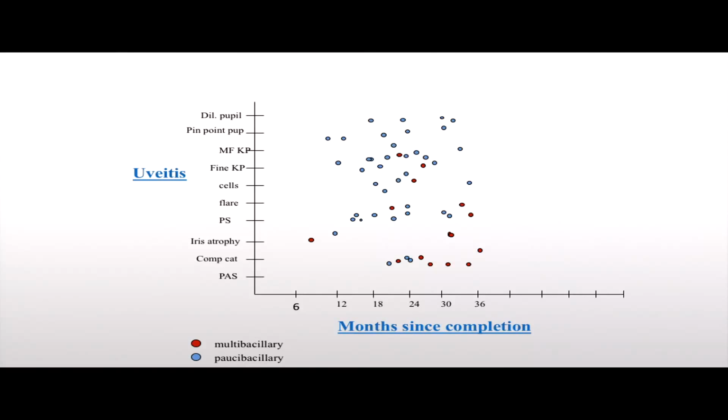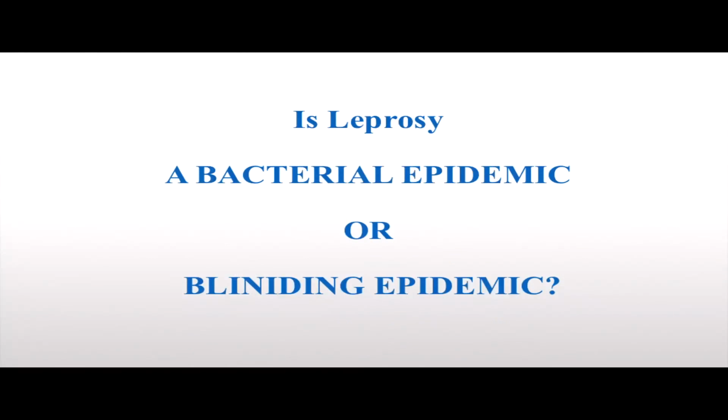So the scatter plot of our study population depicted here shows that the uveitis was mostly chronic in nature, and the multibacillary type of uveitis was seen to occur later, in the later stages after completion, but paucibacillary occurred early.